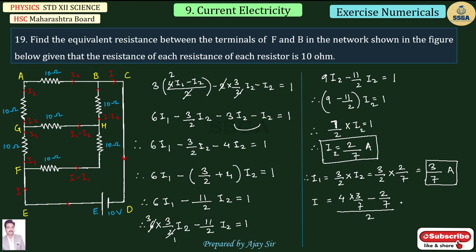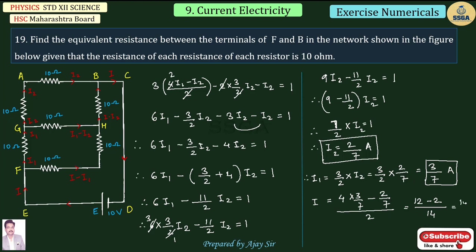So after simplifying this, 4 3s are 12 divided by 7, minus 2 by 7, so 7 will be the denominator, then 7 2s are 14. So therefore we can write this as 12 minus 2 divided by 14.